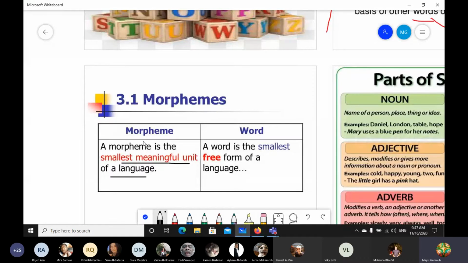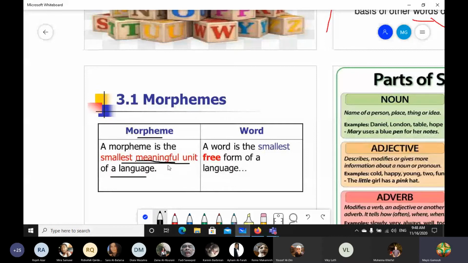We use syllables and we divide our words into syllables in order to know how to pronounce them in the right way. But the difference between the morpheme and the syllable is that the morpheme has a meaning, but the syllable might not have a meaning, and that is okay.